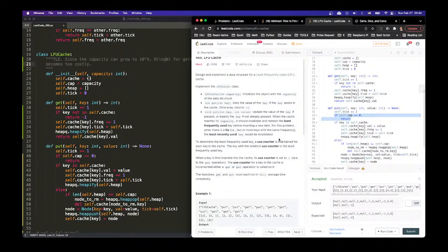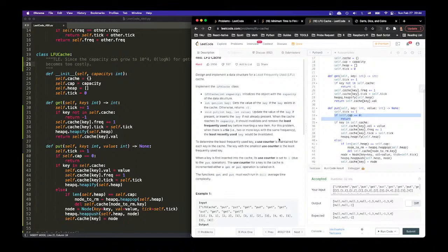Maybe it could be log n. 10 to the 4th, log n is 4. Technically it's not 4, because log n is log to the base of 2.